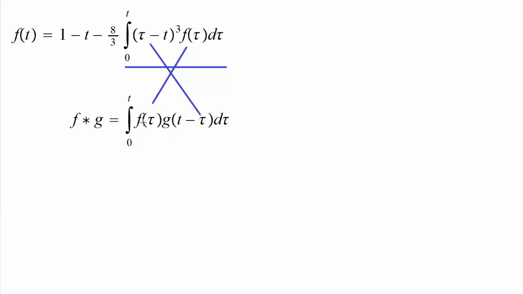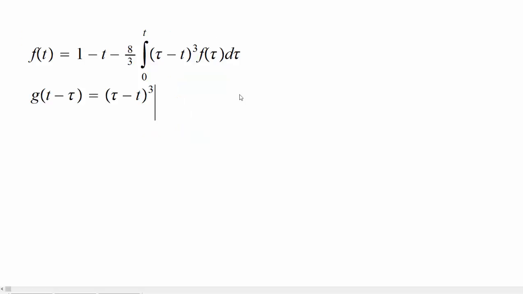So we have f of tau identified here. Let's go ahead and formulate our g. As we just saw, g of t minus tau is tau minus t cubed, and to match it with the format in the convolution, we can write it as t minus tau cubed.